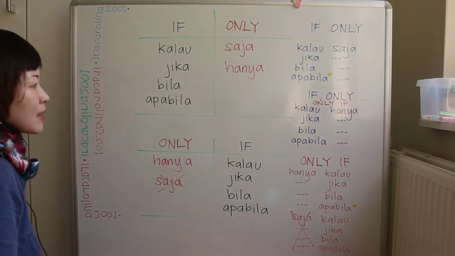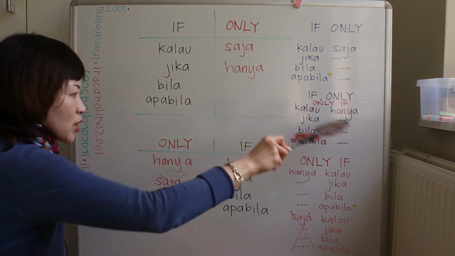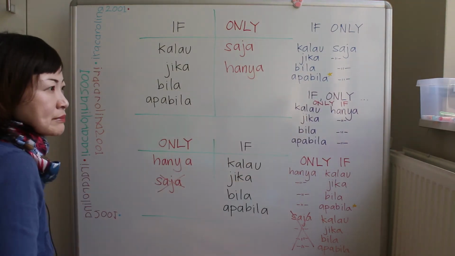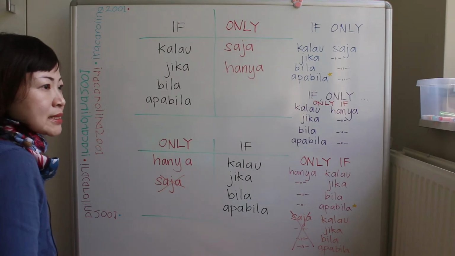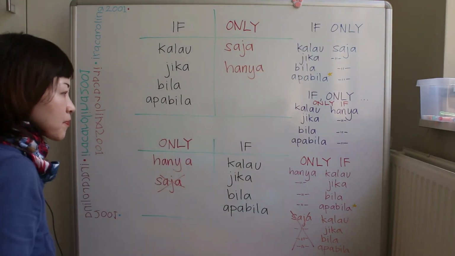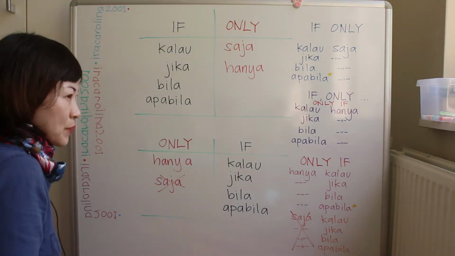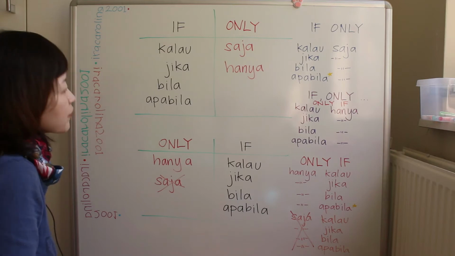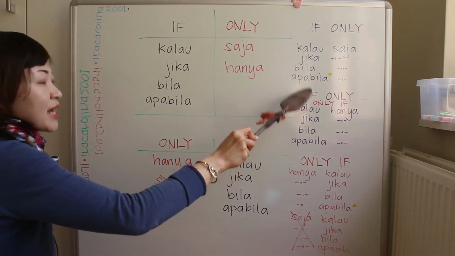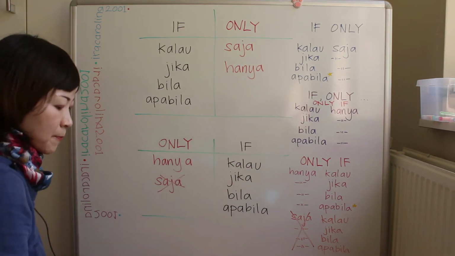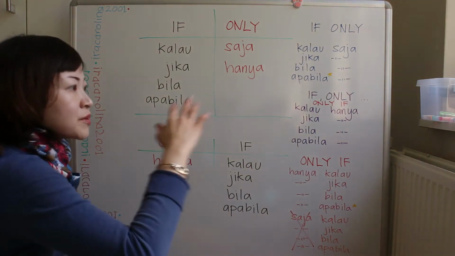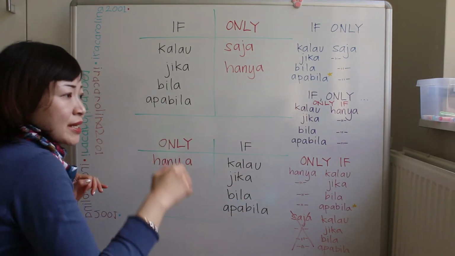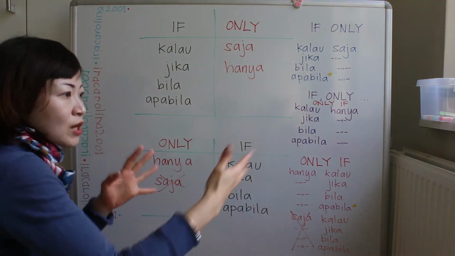I can say the meaning of these words is more into only if, instead of if only, but I prefer to write it just like this: if, comma, only blah blah blah. So it's not if only, but if, and then the condition of only something.